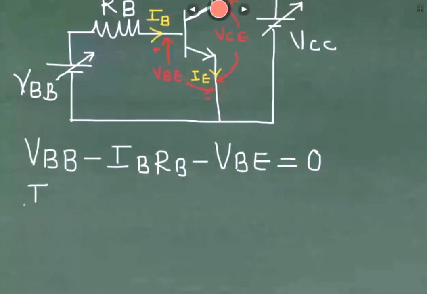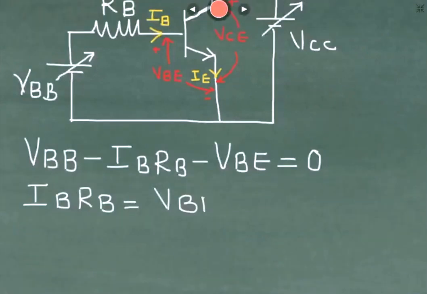Rearranging the equation, I can write IB into RB can be given by VBB minus VBE.